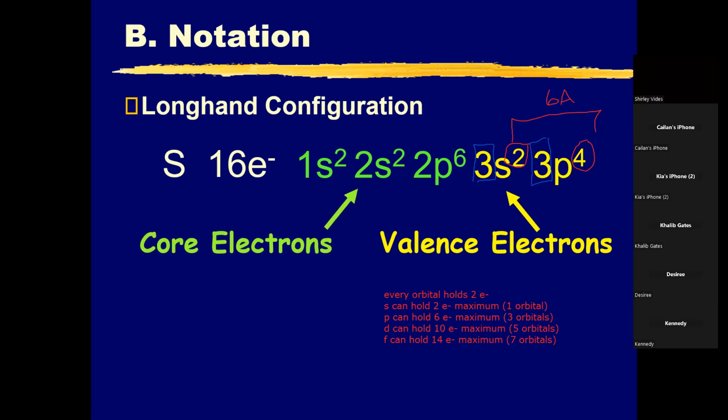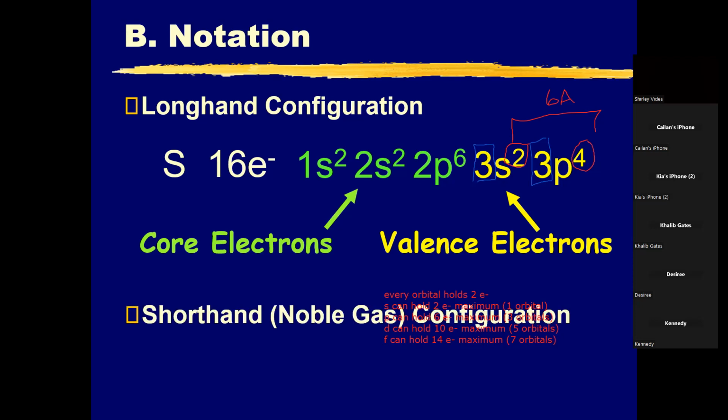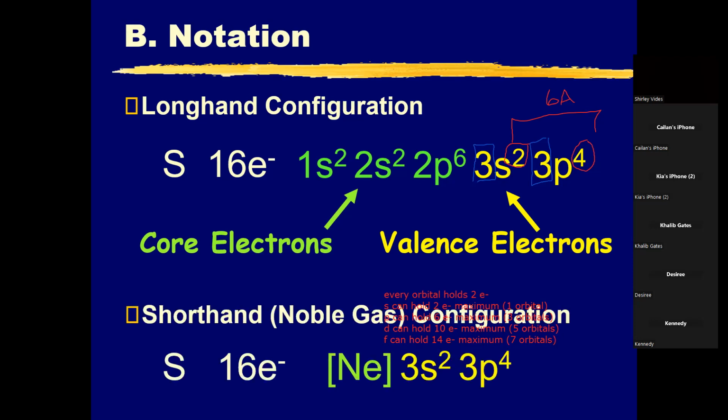And remember, there is another shorthand where you put the core as a noble gas. It has to be a noble gas, cannot be anything else. So the noble gas, how do we know which noble gas? So if you look at the periodic table where sulfur is located, put your finger on it, go up 1 to oxygen, and then go all the way across to neon.